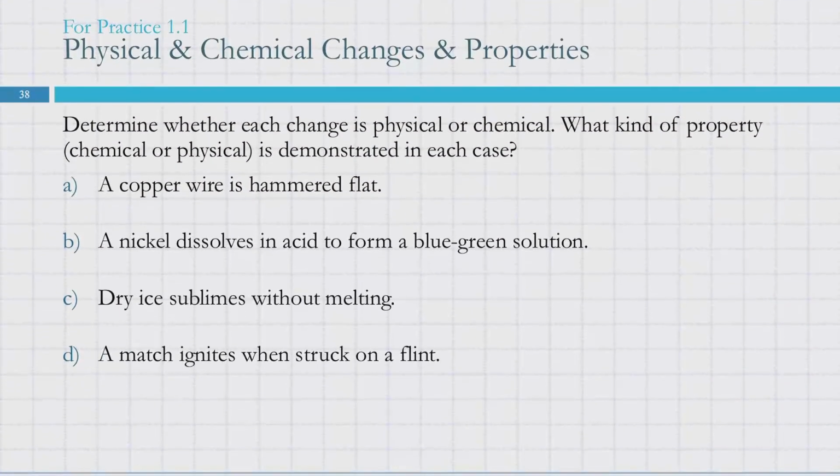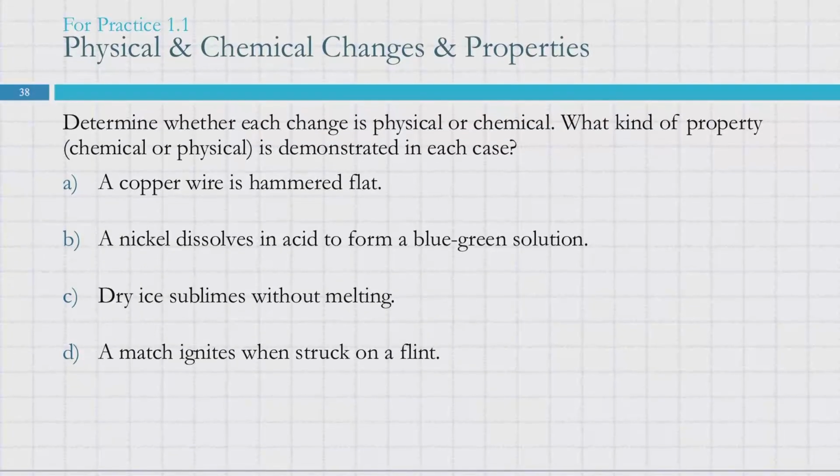Okay, let's think about these four examples and whether the changes are physical or chemical and which type of property is demonstrated in each case. All right, we've got a copper wire, a little piece of copper, and we hammer it flat. That would be a physical change. It's still copper before and after.